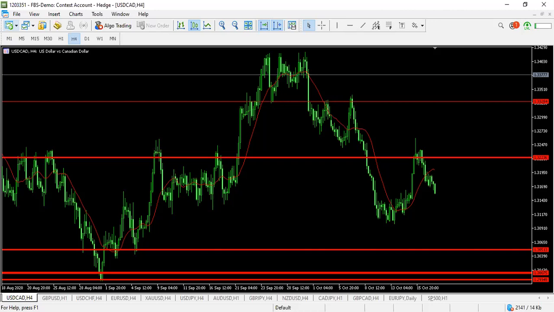So the first one is USD CAD, and the market has been going in cycles lately. We haven't really gotten to our pivot point yet, and the market is not giving up yet. Still just going up and down a bit on these pairs.